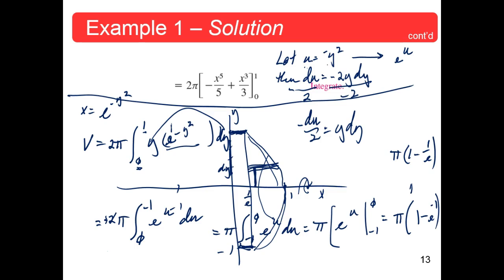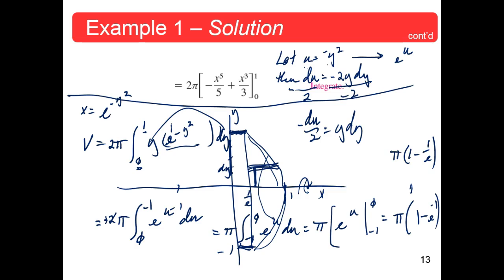You would have to change x equals e to the -y squared to y equals either 1 when you're less than 1 over e, which is what I was showing there, and negative the square root of the negative log x from 1 over e to 1. Okay? I don't want to go there. If you do, knock yourself out.